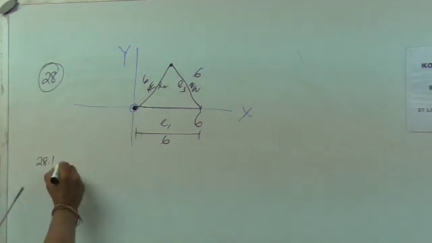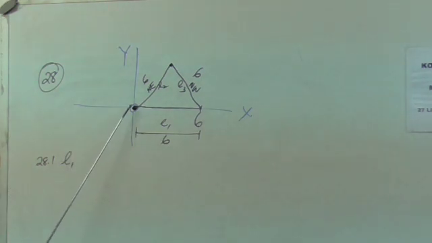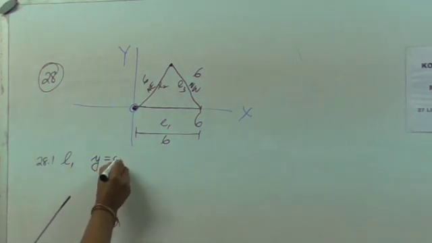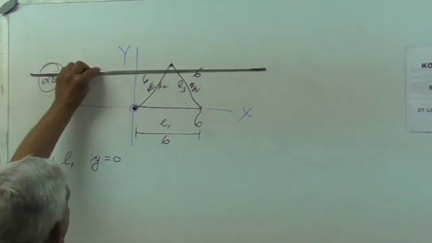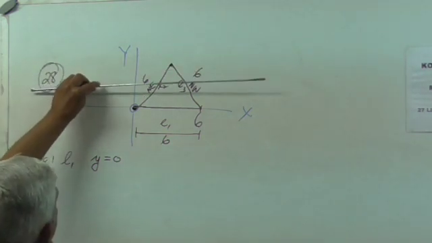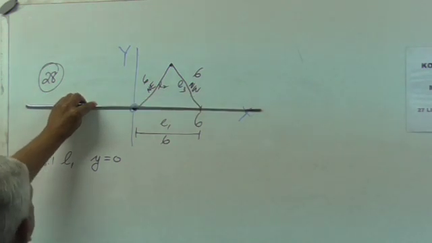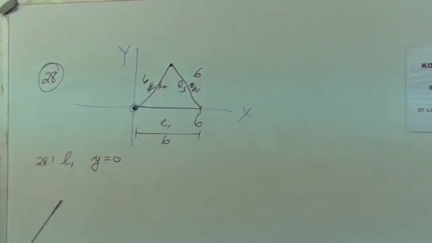So this is line 1. Clearly it is a line passing through the origin. Therefore its equation is y is equal to 0. If it was there, y is equal to 4, y is equal to 3, y is equal to 2, y is equal to 1. Therefore if it's here, it's y is equal to 0. So we finished that. So we only got that line and that line left.